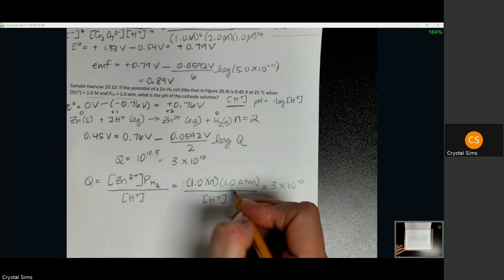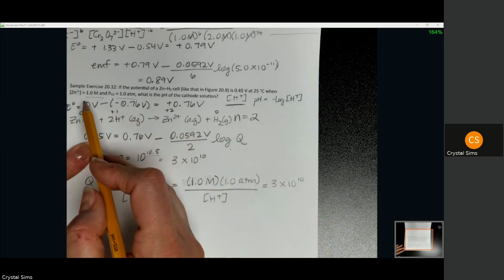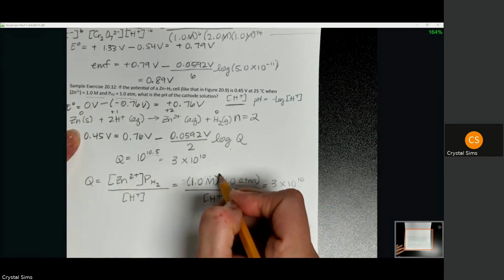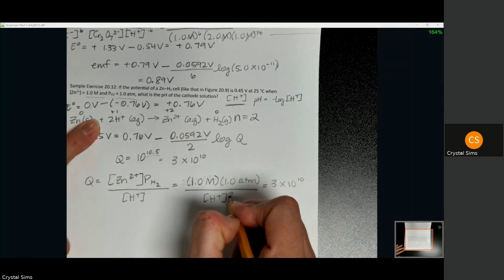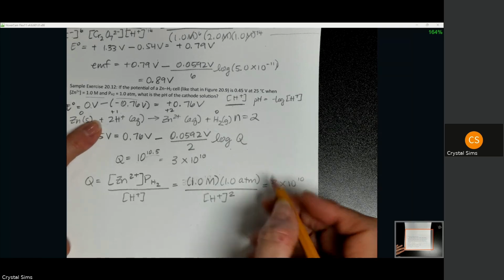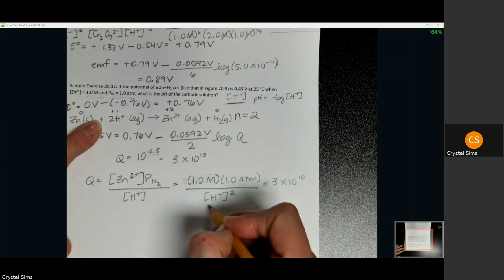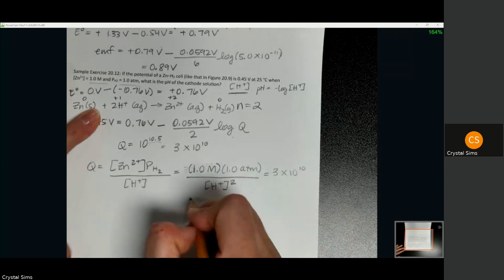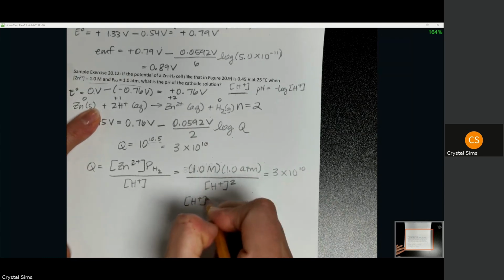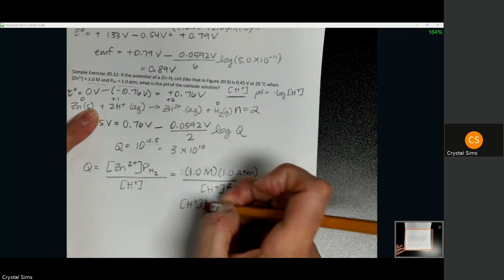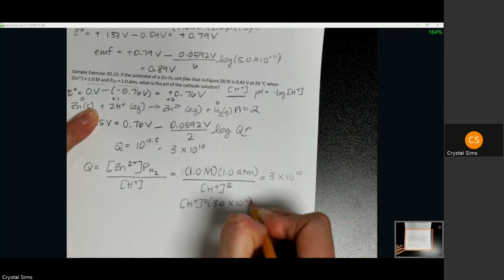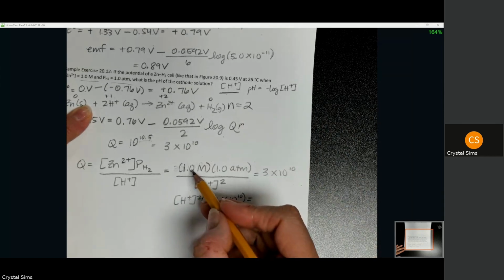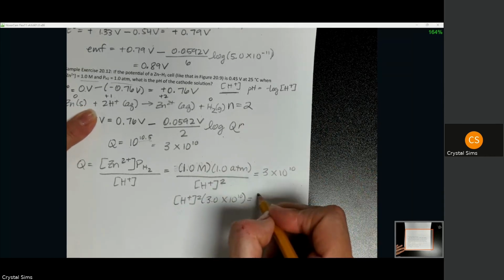Let me check my coefficients here. I have 1 zinc, I have 1 hydrogen, but I have 2 as my coefficient here, so I need to square this. So I'm going to cross multiply. And 1 times 1 is just 1.